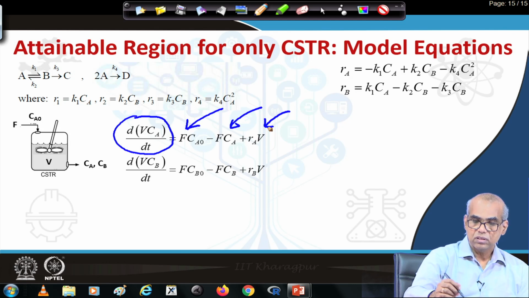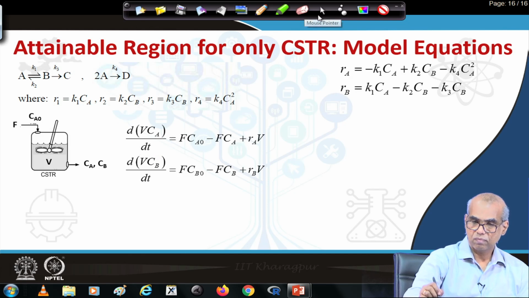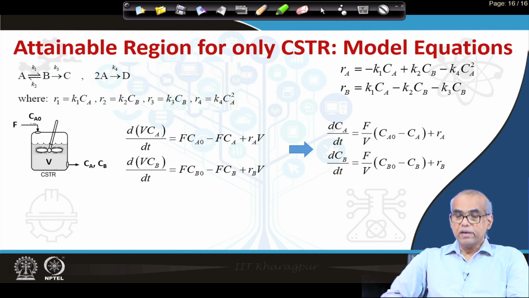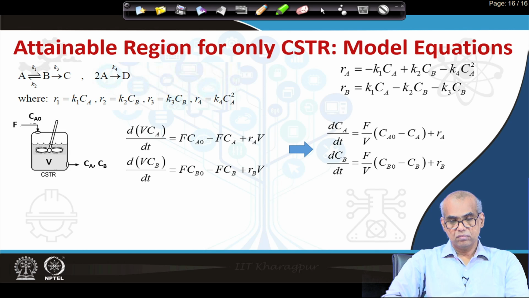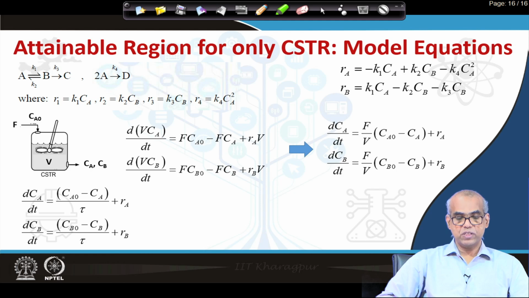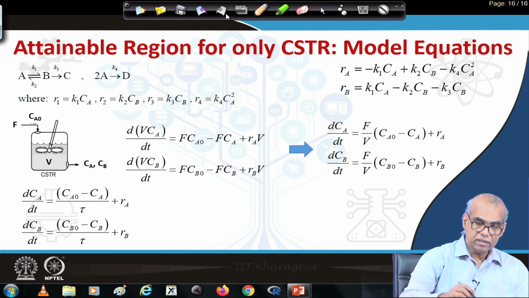Similar equation you write also for species B concentration. So, you can rearrange this equation assuming constant volume, the volume can be taken out from the integral and we can divide both the differential equations throughout by volume V. So, this allows me to introduce the definition of the space time tau and now I can write these two equations.